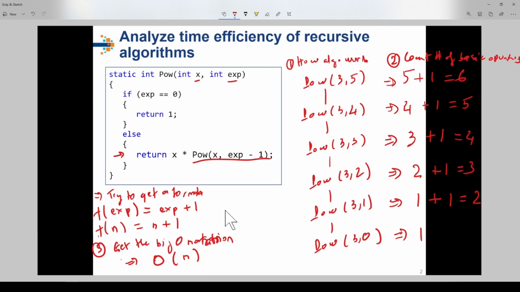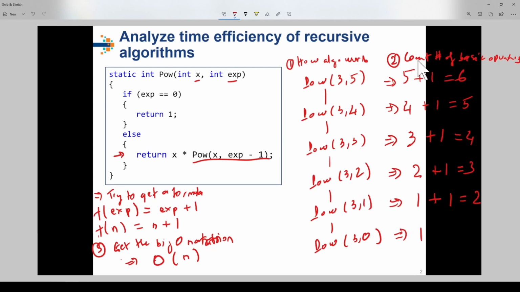So in this video I showed you one way to analyze the time efficiency of a recursive algorithm. The first step, we see how the algorithm works by giving some example input. In order to run 3, 5, we need to call 3, 4 and so on until 3, 0. Our next step is to count the basic operations, and we see that in order to compute the higher, we need to compute the lower until 0, and because of that we work from 0, and after that we work to 1, 2, 3, and so on.